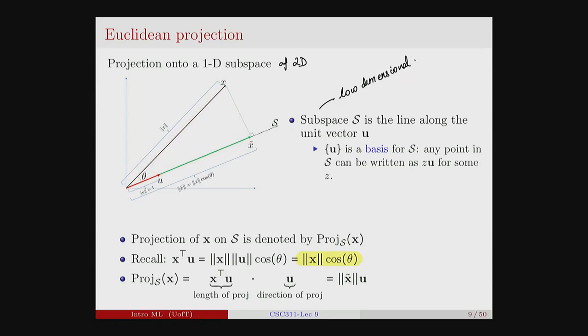And once you have the size, you just multiply it by the direction to obtain the projection of x onto S. So that's how you take a vector in two dimensions and project it onto a line. You just do the dot product with the unit vector to give you the magnitude, and then you multiply by the unit vector again to give you the direction. Any questions about this slide?